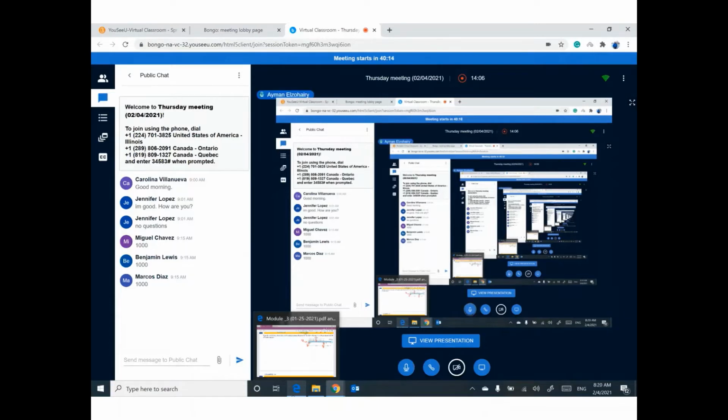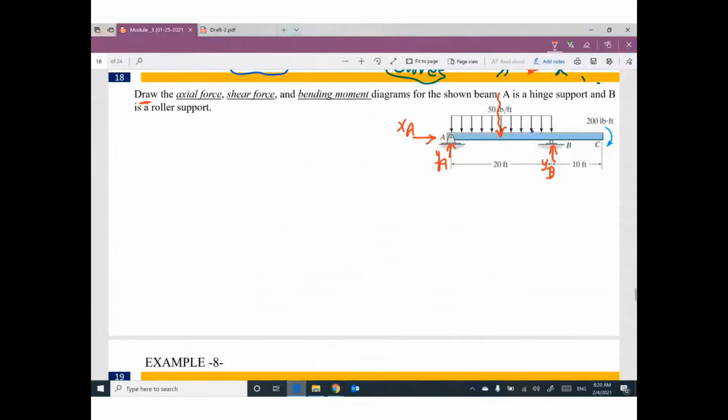Yes, it's 1,000. The equivalent load here is 20 times 50, equal to 1,000.